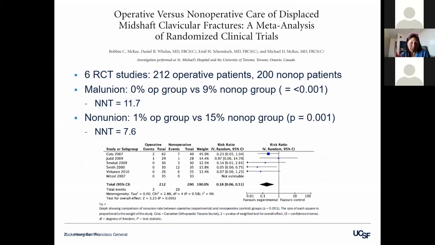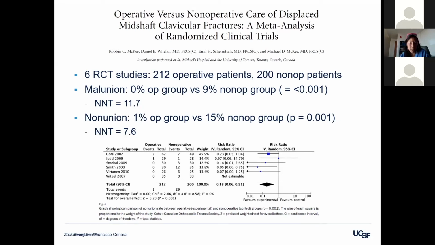Since then, there have been a bunch of other randomized trials. I won't dwell on it, but surprisingly, they all found very similar results, in that the non-union rate for the operative group is 1% versus 15% for the non-op group.